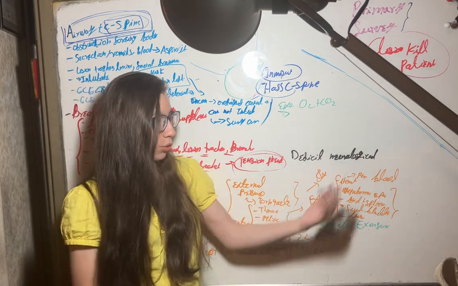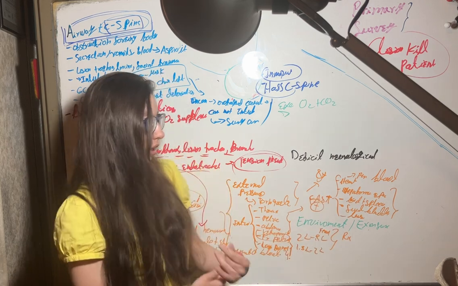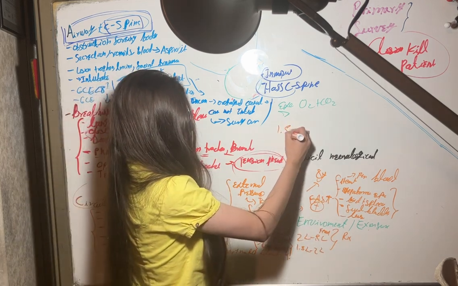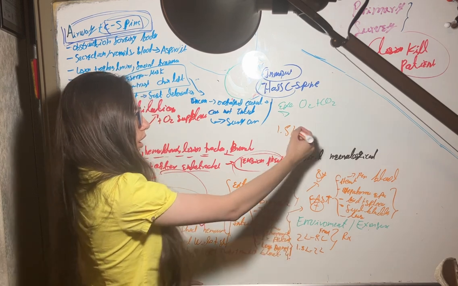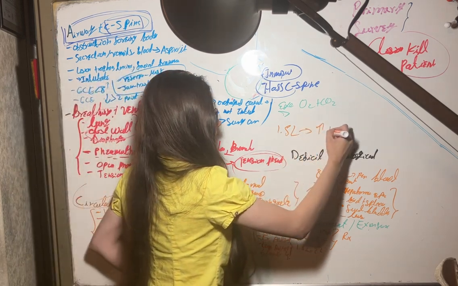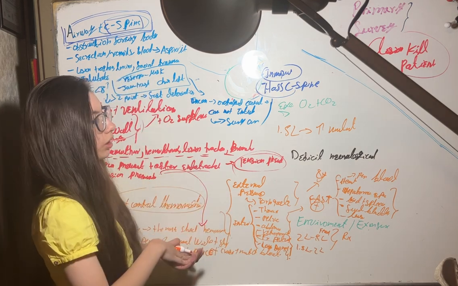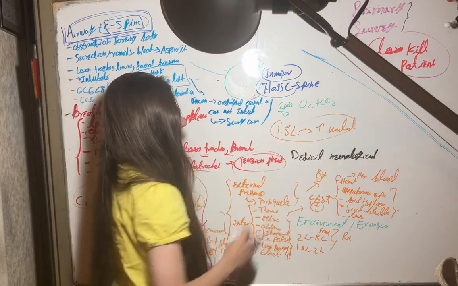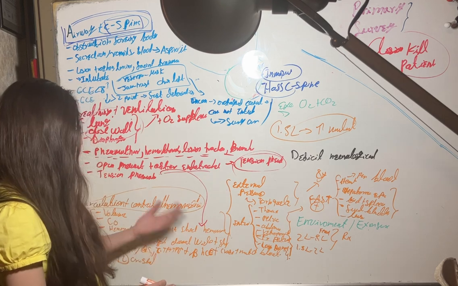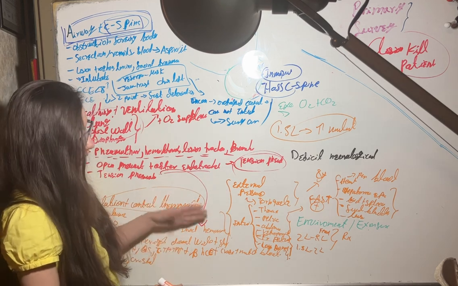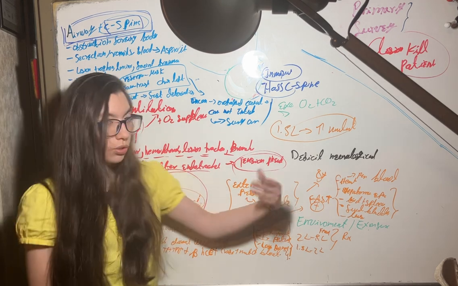Before, we used to infuse 2 liters or 1.5 liters, but this increases mortality in patients because we are overloading the patient, and this is not the issue. The reason the patient is in shock is because he's losing blood.